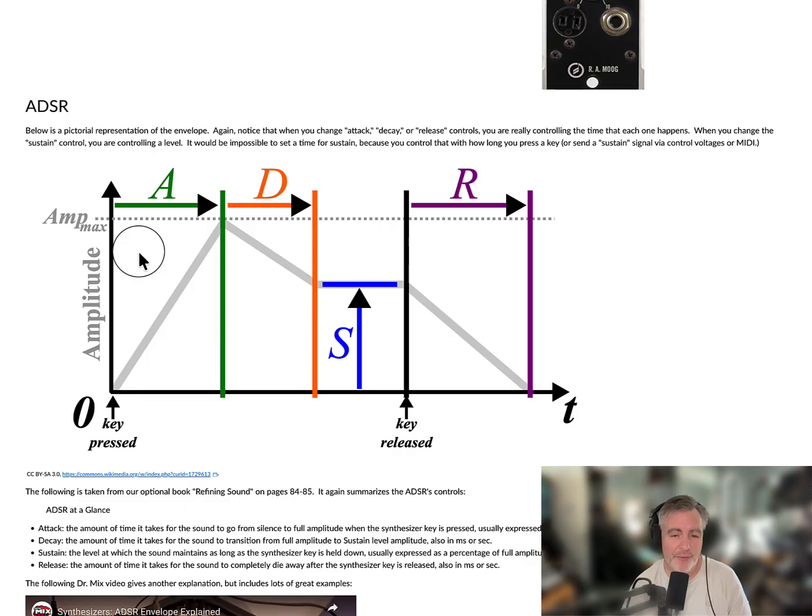Sustain is a level at which it stays for as long as I hold the key down on my controller, or for as long as I send it an on control voltage or something like that. And then release would be the amount of time it takes for it to completely die away as a sound.